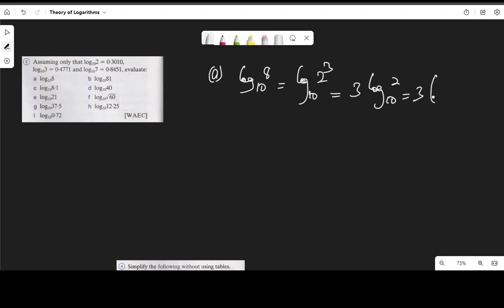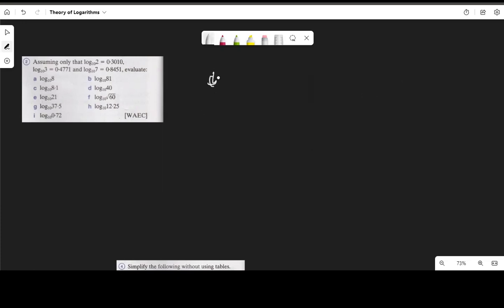That is 3 multiplied by 0.3010, which is 0.9030. That is A.